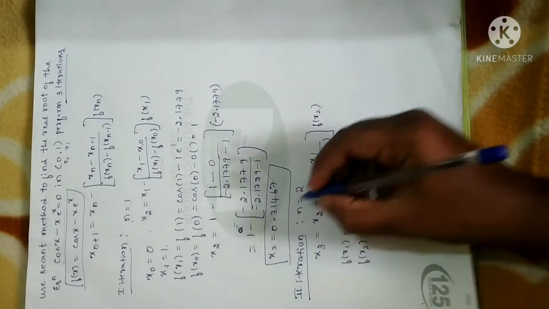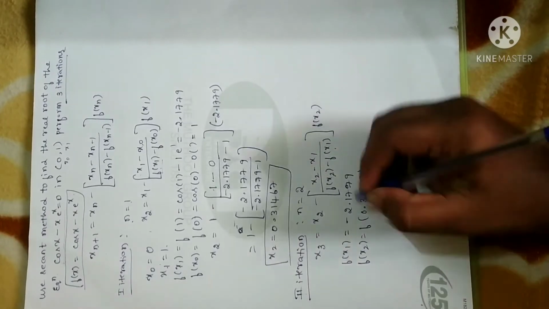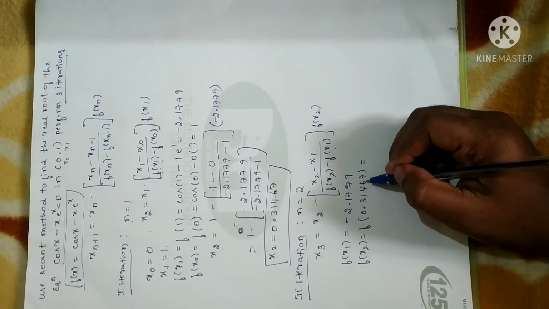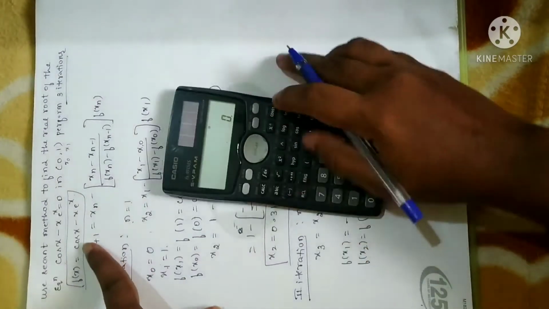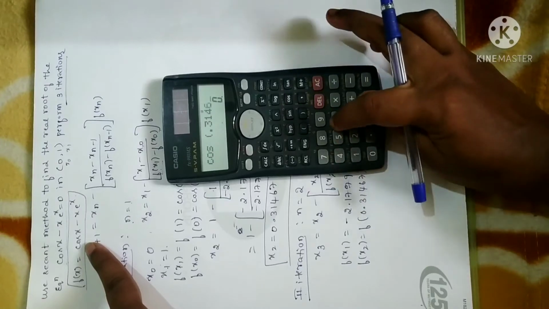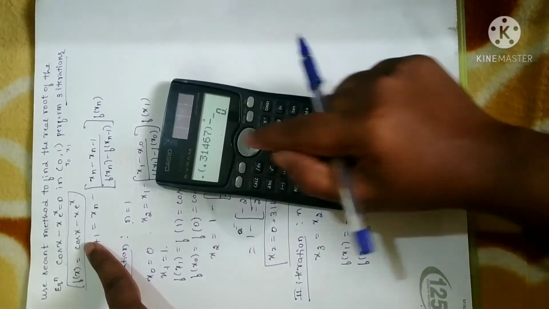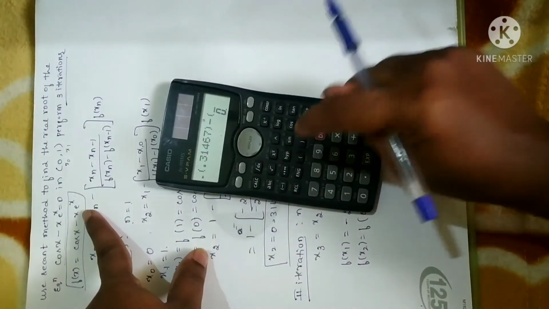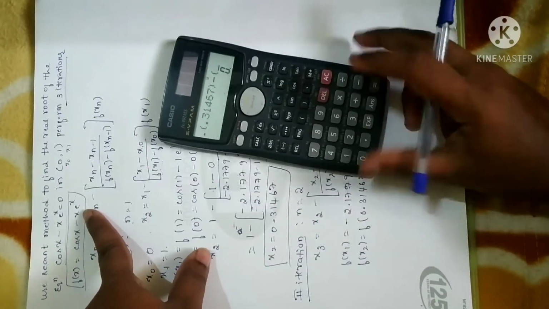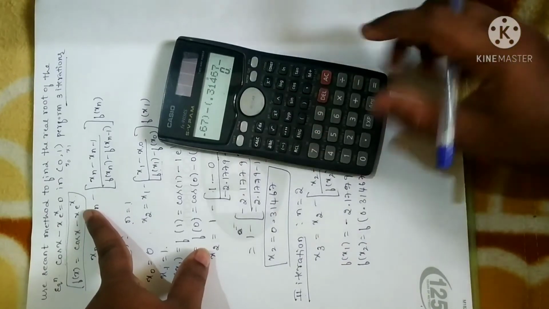Now let us calculate the f of x2 value. That is, f of x2 value is 0.31467. Clear? So wherever x is there, replace it with 0.31467. So let me do that. Cos of 0.31467 close bracket minus, now you have x into e power of x, again open the bracket, x is none other than 0.31467.